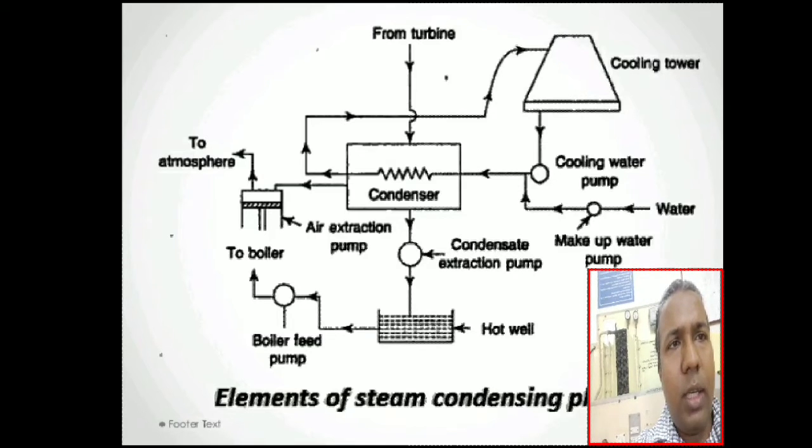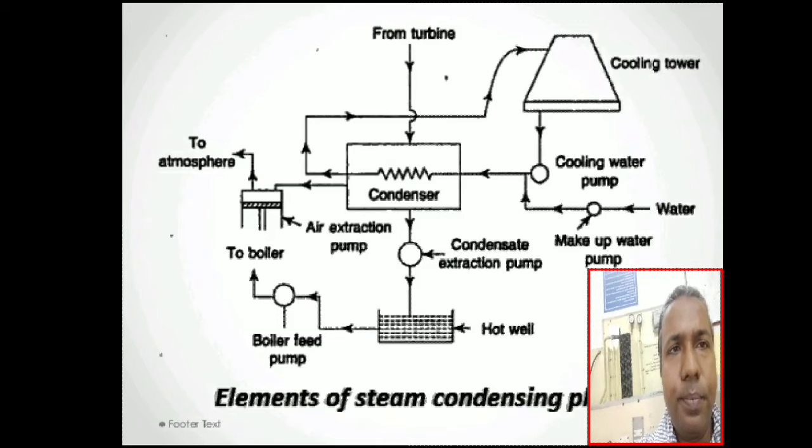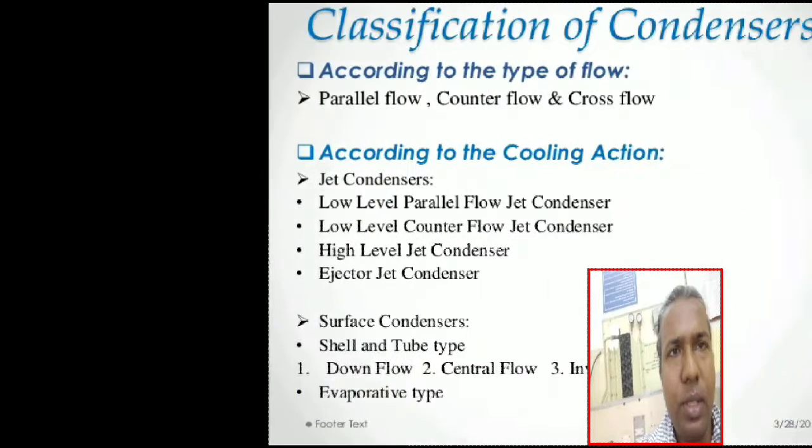This water from the cooling tower enters into the condenser and extracts heat from the steam, and the steam gets condensed, meaning converted into water. This condensate is passed to the hot well, and then from the hot well it is again sent to the boiler as shown in the figure. You can verify it by using these arrows.